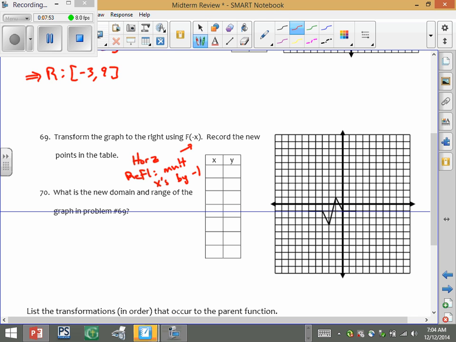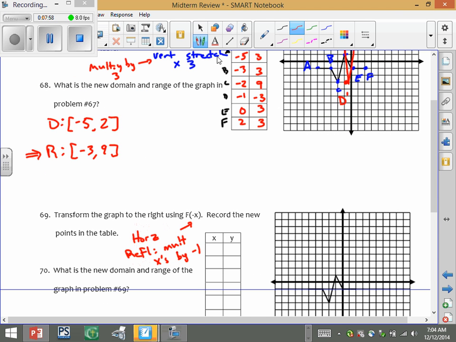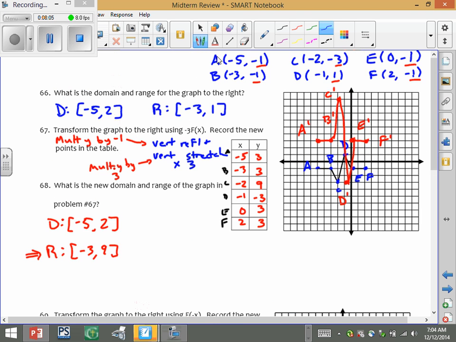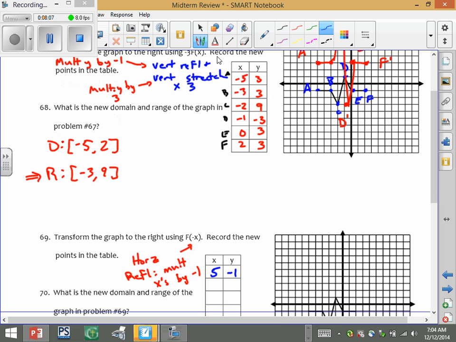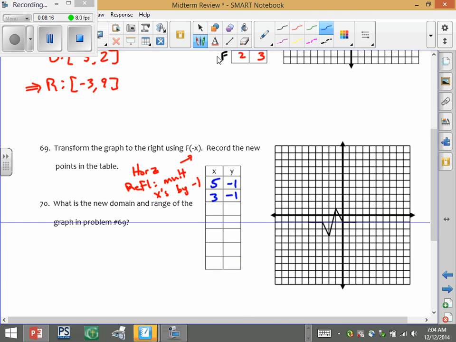So if we go back up, the original points, -5, -1 becomes +5, -1. -3, -1 becomes 3, -1. So on and so forth, right? So -2, -3 becomes +2, -3. The next point, remember, was -1, +1 turns into 1, 1.